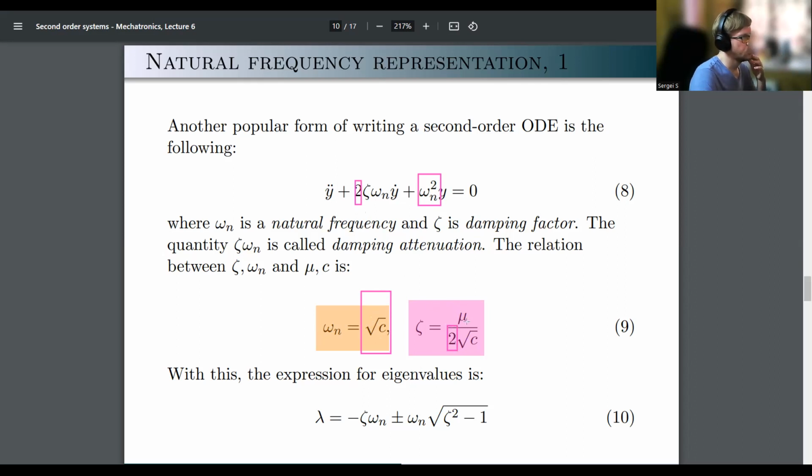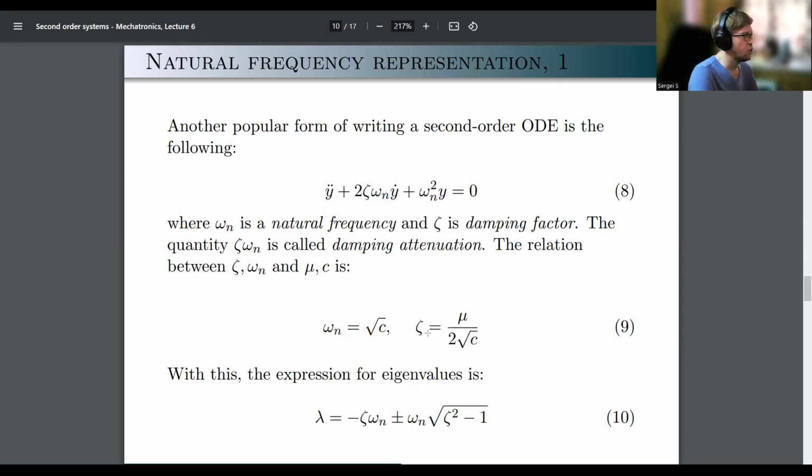Then we get mu divided by square root of c times square root of c, so the square roots cancel. So again 2 times mu divided by 2 times square root of c times square root of c. So 2 cancels, square root of c cancels. So in the end, the only thing that remains is mu, which is exactly what should be here. So this whole guy is mu. Okay, that is it.